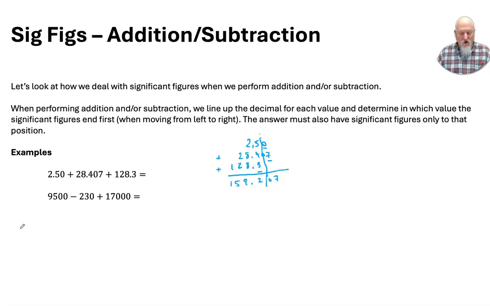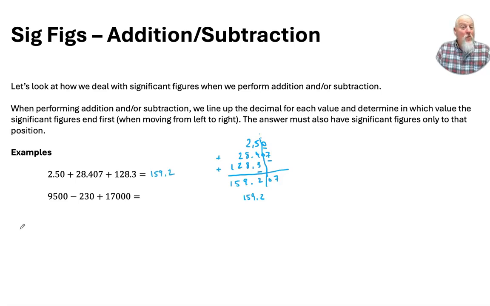But from where our significant figures run out, I need to stop my answer one number after the decimal. So I look at the second number after the decimal, which is a 0, which means I'm not going to round the 2 up. I'm going to leave it as a 2. So my correct answer would be 159.2.